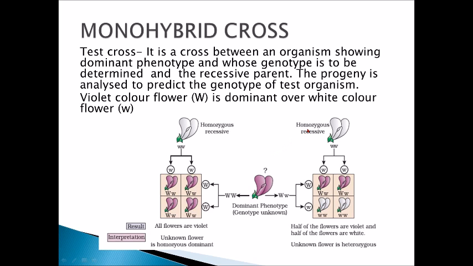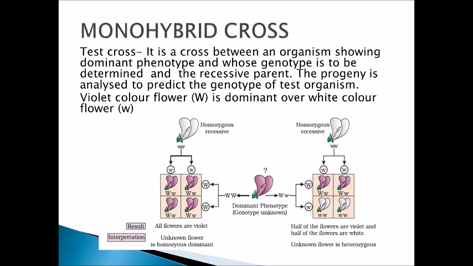Homozygous recessive, this. Now, this is the flower which is a violet color flower whose genotype is unknown. But as it shows the dominant characteristic, that is violet color, this is crossed with the homozygous recessive.